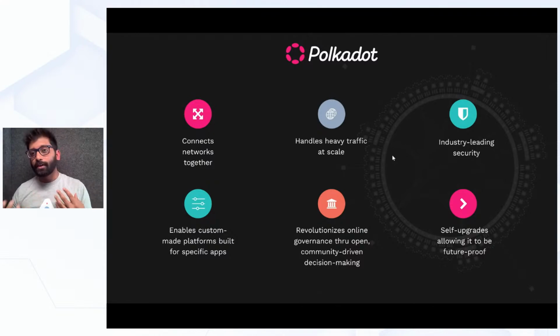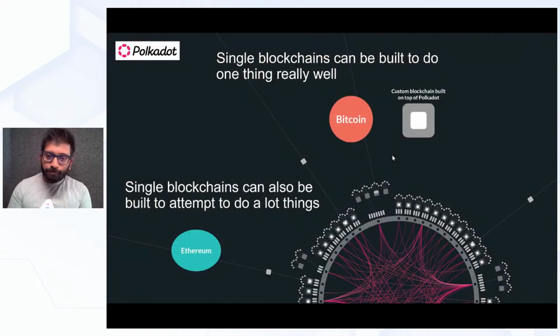You would have heard of so many hacks over the past few months on this bridge, that bridge. So let's see how Polkadot enables these blockchains to talk to each other trustlessly, without the fear of such hacks.